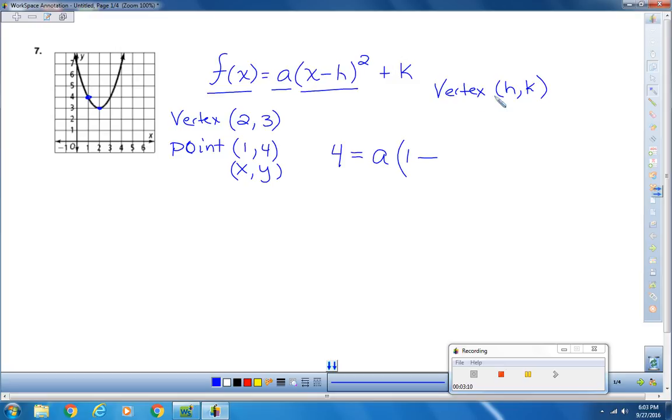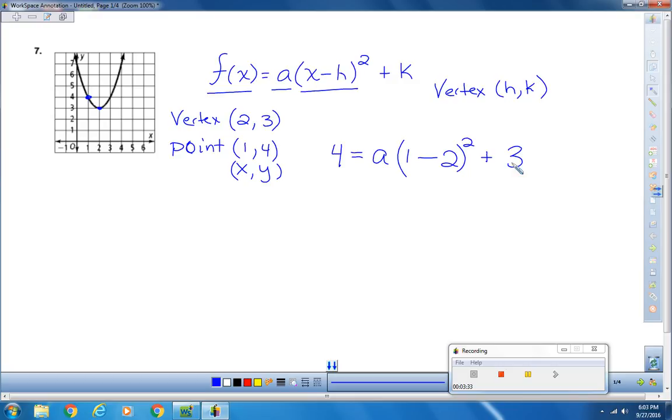And remember, our vertex is (h, k), so h in this instance is 2, squared. That takes care of f of x is equal to a times x minus h squared, and now I'm going to put in plus k at the end. My k is 3. So plus 3. And now I have a simple equation that I can solve for a.